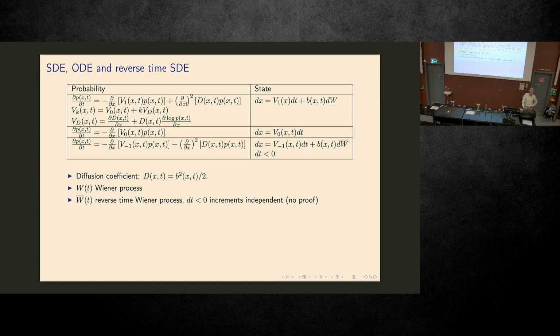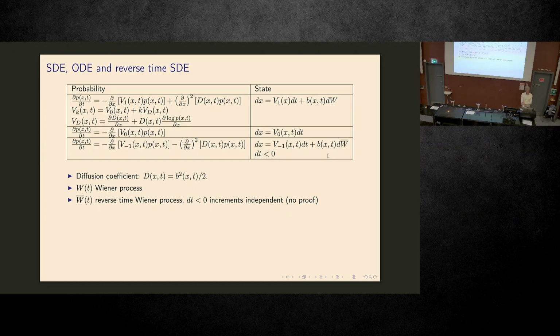I can even change the sign on this diffusion term like this and get a new equation. Here comes a little bit of hand waving, but when I change this sign, it turns out that I get what is called the reverse time Fokker-Planck equation, or stochastic differential equation.